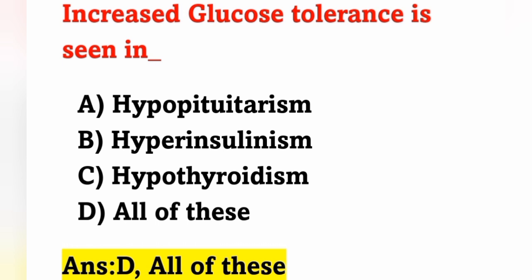It will be increased in hypopituitarism because of low growth hormone, and also in hypothyroidism due to decreased production of thyroid hormone, and with increased production of insulin. So in all these cases the glucose tolerance test will be increased.